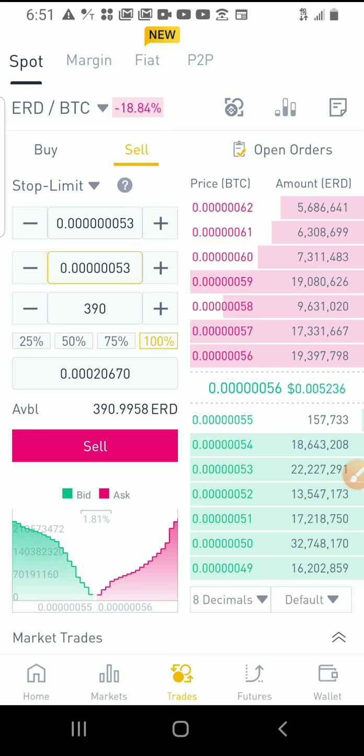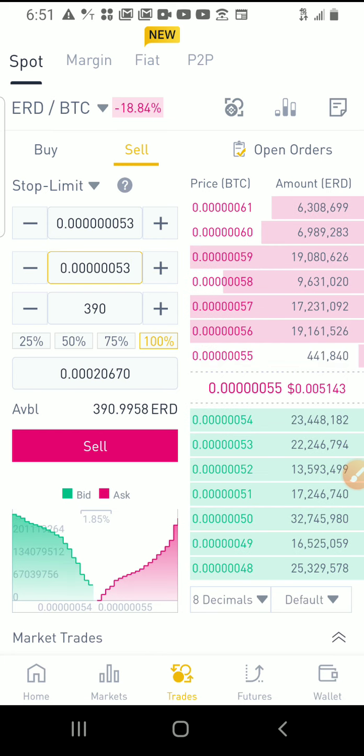Until the price gets to 53, that's when it will sell for me. That is what we call stop loss. Now, there's another way you can adjust your stop loss. I'm going to teach you that as well.